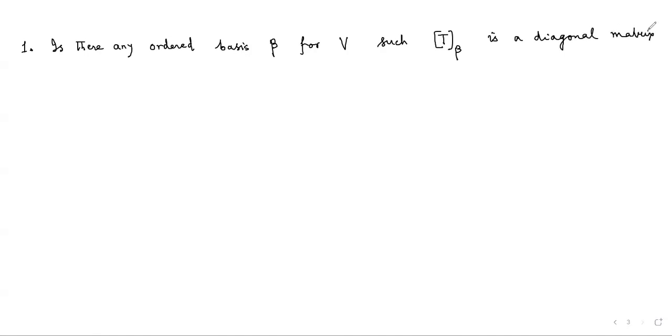So first of all, this is the question that we need to study in this topic. Is there any ordered basis beta? And if such a basis exists, how can it be found?